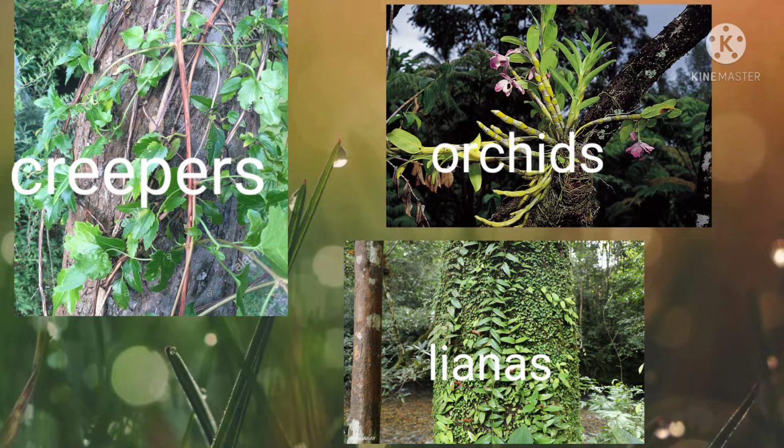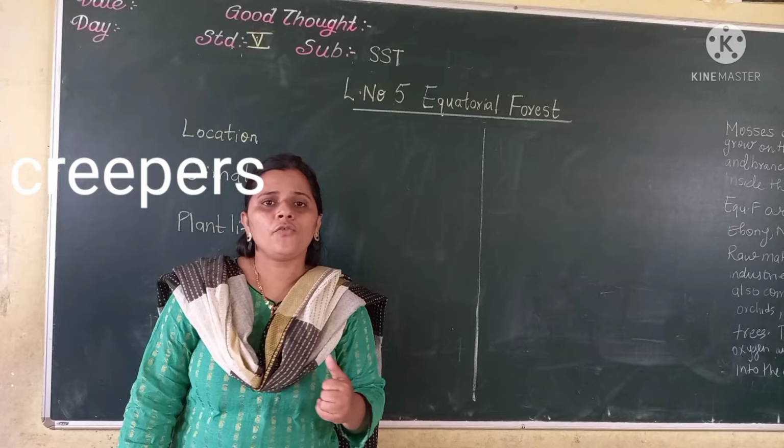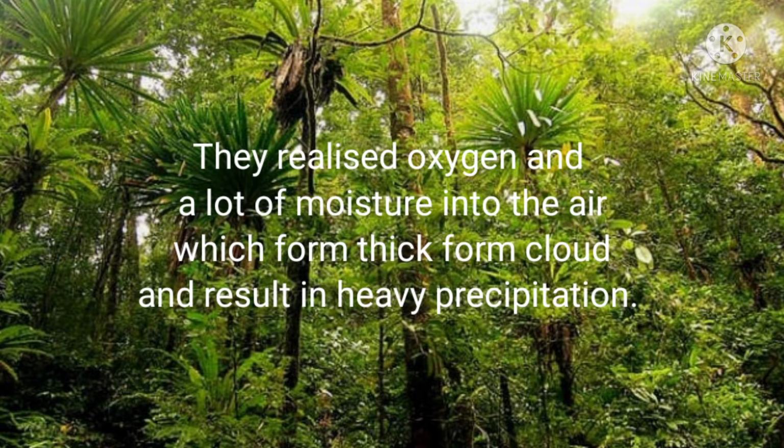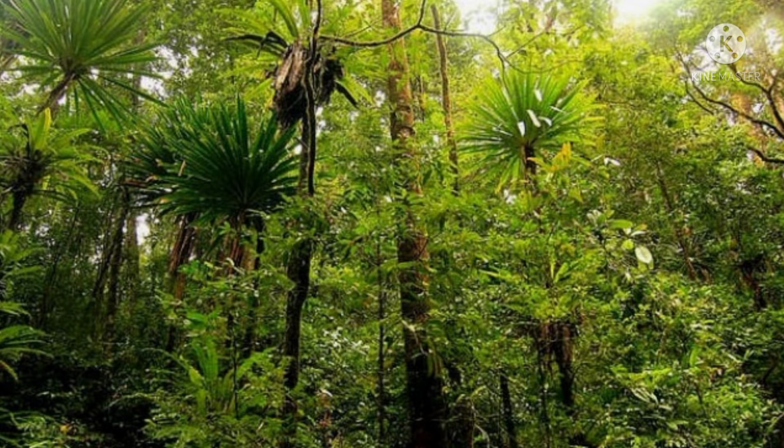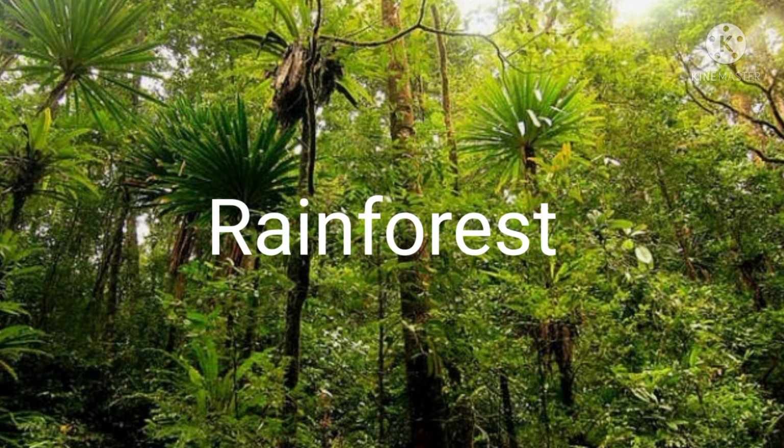They release oxygen and a lot of moisture in the air, and the result is heavy precipitation. Precipitation means it comes in the form of rain, right? So that is why this forest is called rain forest. Now let's start wildlife.